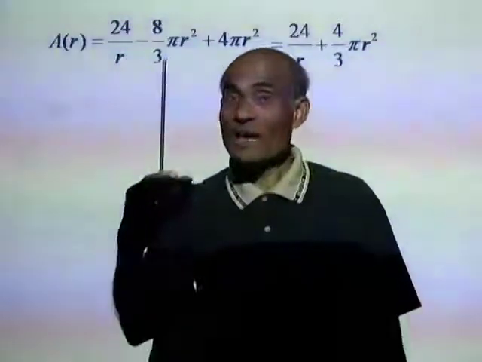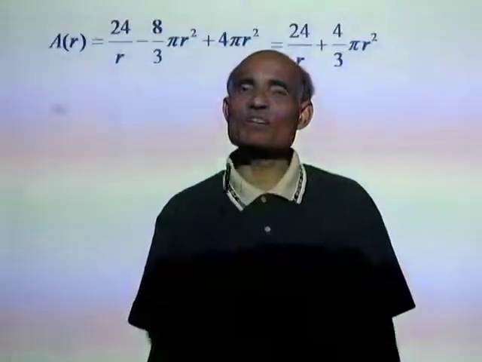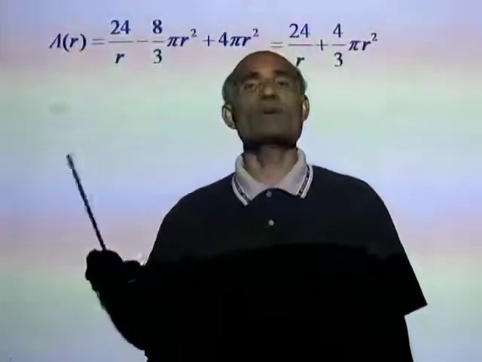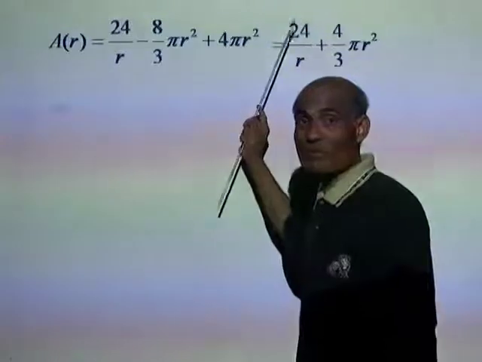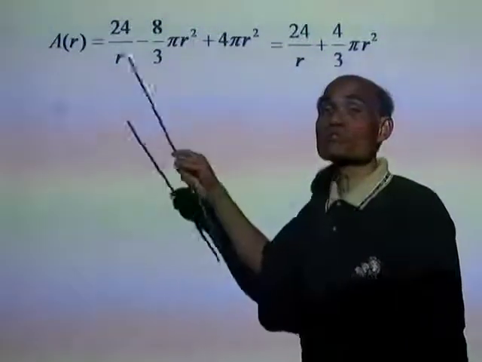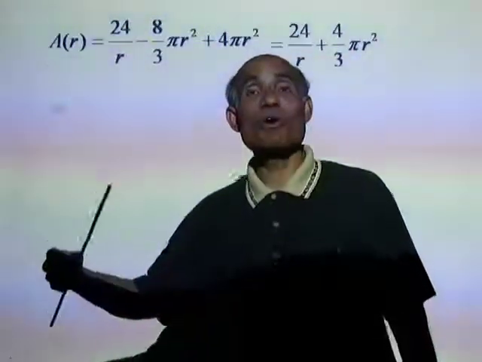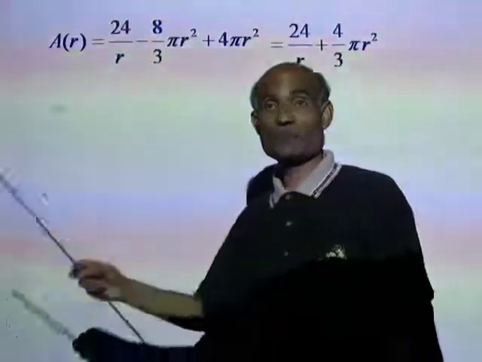Well, you should know that the derivative of 1 over x with respect to x is negative 1 over x squared. Here we find the derivative of 24 over r with respect to r. That will be negative 24 over r squared.